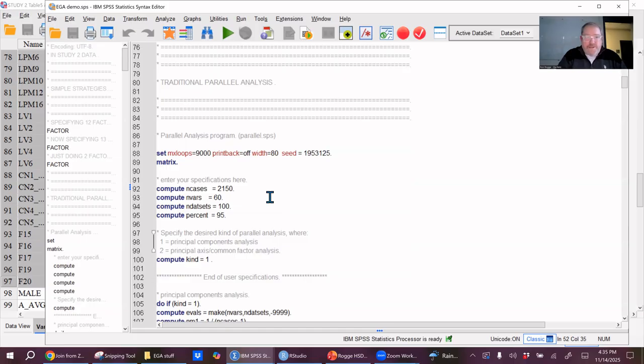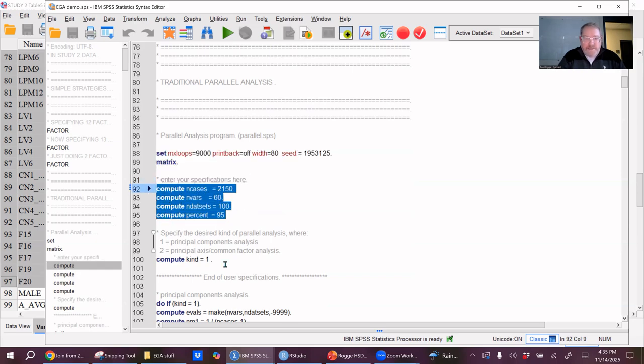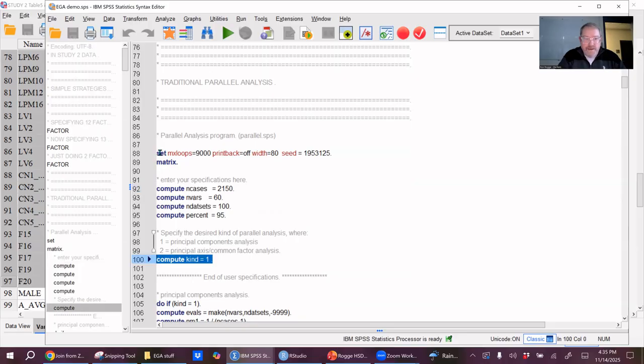So here is our parallel analysis syntax, and you can see we've changed these numbers to what we talked about, and this is still on principal components analysis.